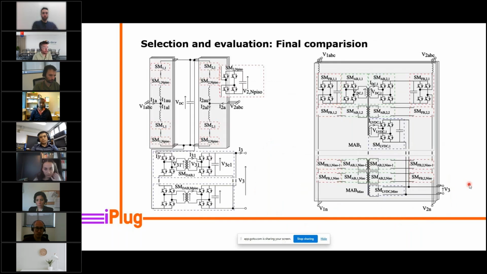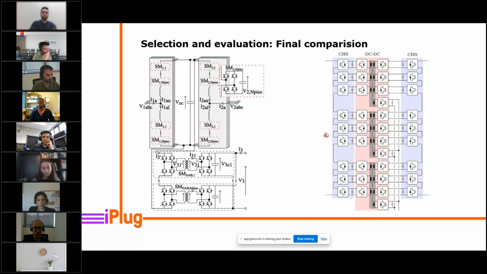So we have these two topologies, where one is like a normal back-to-back configuration where a series connection of cells would realize the AC ports, and then we will have an isolation stage to go from an intermediate DC to a low voltage DC to realize the DC port. And this is typically the other one where you have a configuration like this.